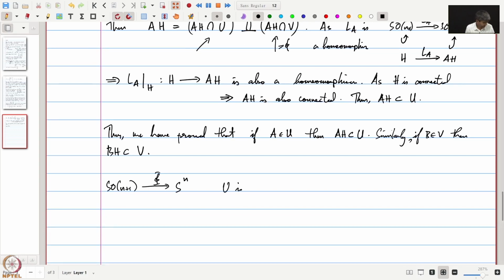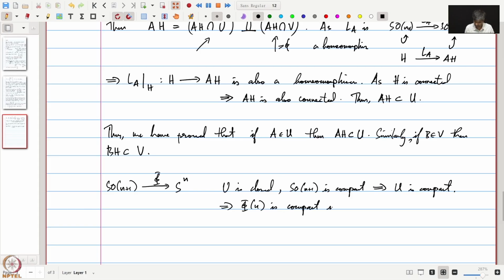So U is closed and SO(n+1) is compact, which implies U is compact, right, which implies phi of U is compact in S^n, which implies that phi of U is closed, right?